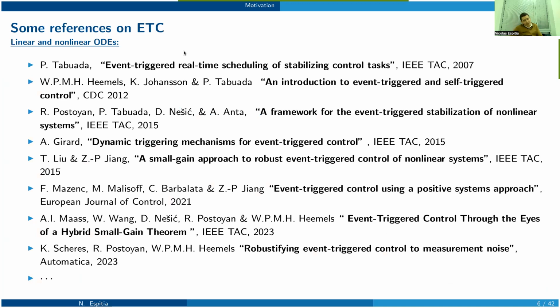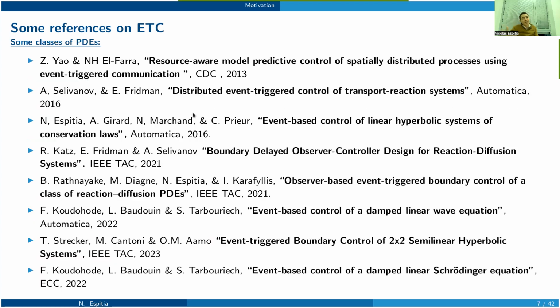We can find several relevant contributions, which include different strategies: static triggering conditions, dynamic triggering conditions, or strategies that rely on a small gain approach. As I said, these works have been very useful to extend, in particular, to PDEs.